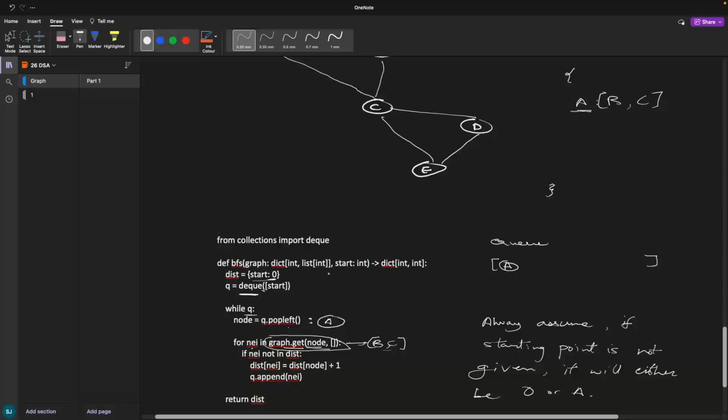So you're just gonna put the neighbor into this map, right? And let's just say, अभी start 0 है, but you put your A as distance of node, distance of node would be A over here actually, if you think about it. तुम्हारा A है, तुमने B किया, so we'll be starting with A and then you do B. Now distance of B would be distance of A plus 1. तो distance of A तुम्हारा भाई 0 है, 0 plus 1. बहुत बढ़िया. और फिर तुमने ये क्या किया, B को उधर append कर दिया.